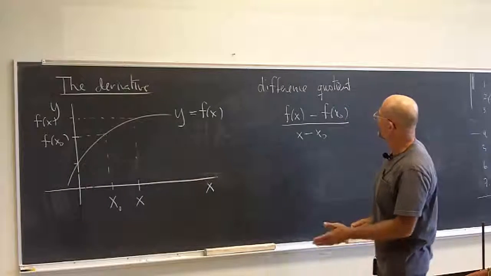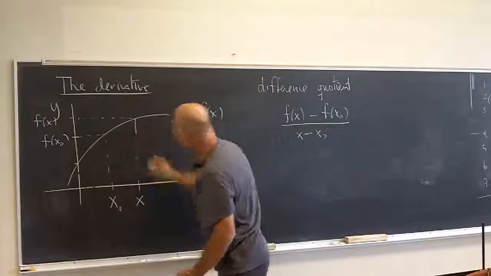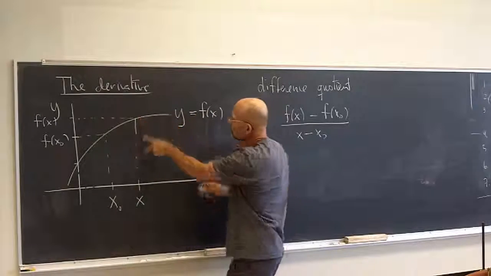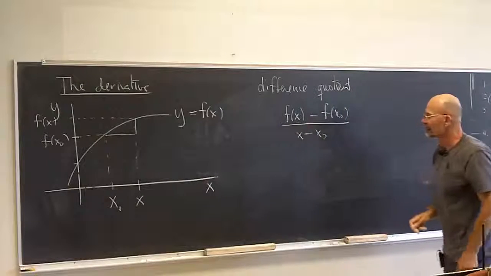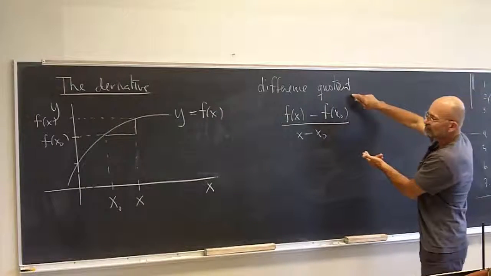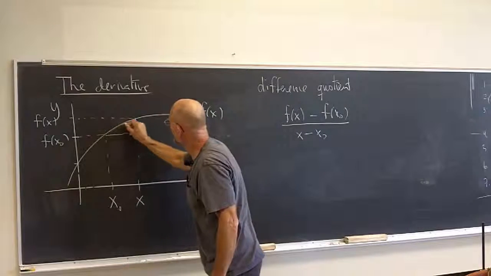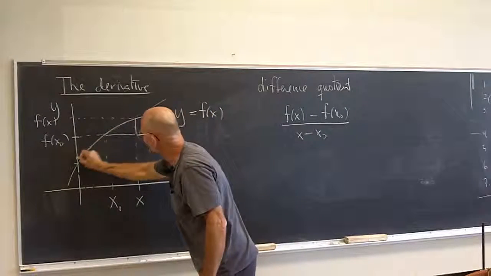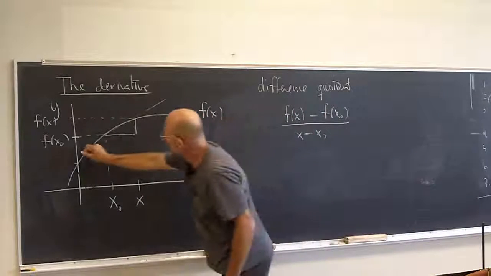And that is the difference here in the numerator, and that is the difference here in the denominator. So this expression here can also be thought of as the slope of that straight line that I've just indicated as a dotted line.